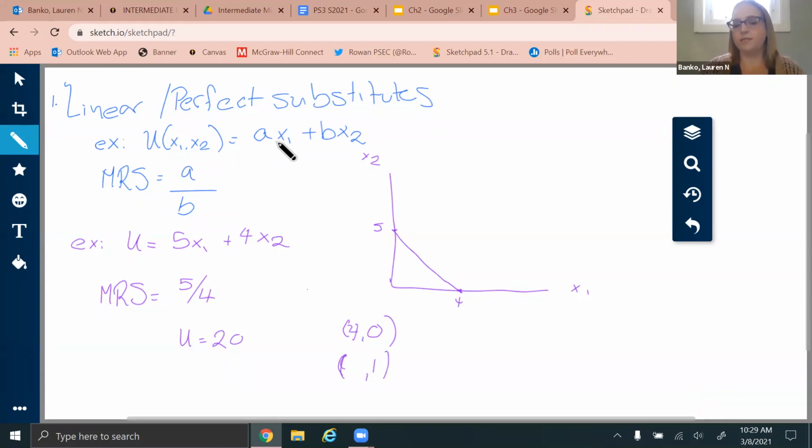We put 1 for x2, and we're getting 4 units of utility from it. We take that away, and we're left with 16. This is going to be 16/5, technically. The math isn't important here, but going between 0 units of x2 and 1 unit of x1, we can substitute very easily. We can use these goods in place of one another.